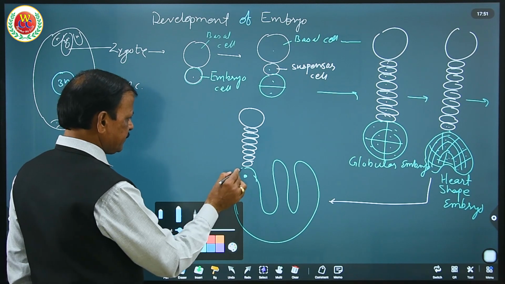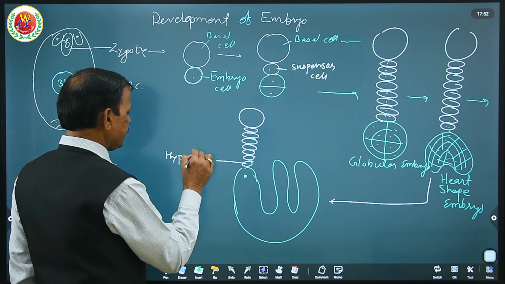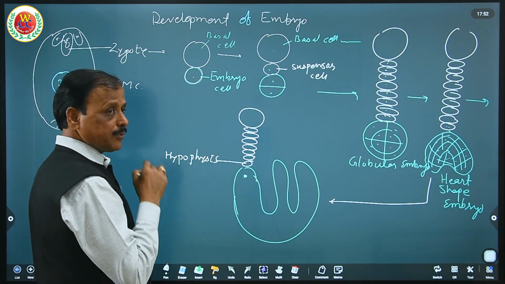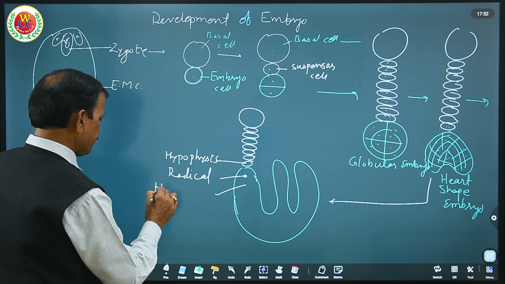So here this cell in contact with the embryo is called hypophysis that forms the root cap. This is radicle, this is hypocotyl.